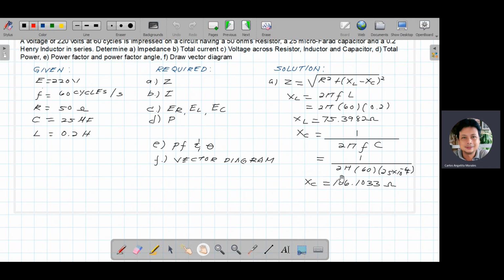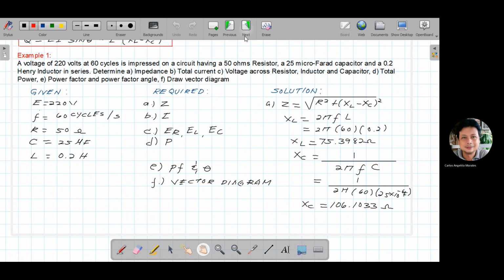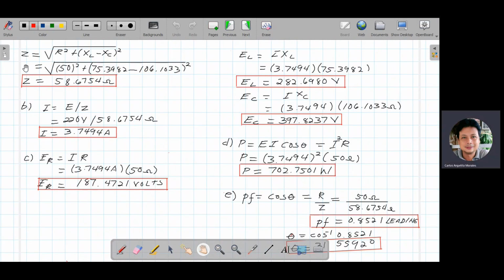So, you have 1 over 2 times pi times 60 times 25 times 10 to the negative 6. Yung capacitance natin, makakakuha ka ng capacitive reactance na 106.1033 ohms. Yung impedance is square root of R squared plus parenthesis XL minus XC squared. Makukuha mo yung impedance na 58.6754.